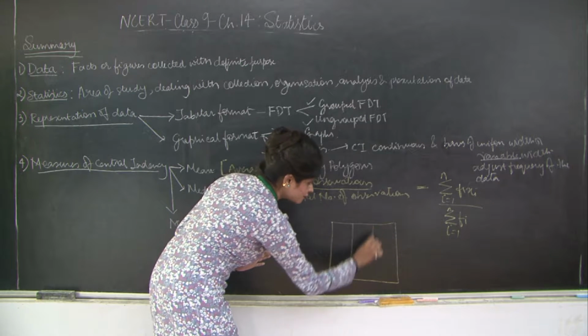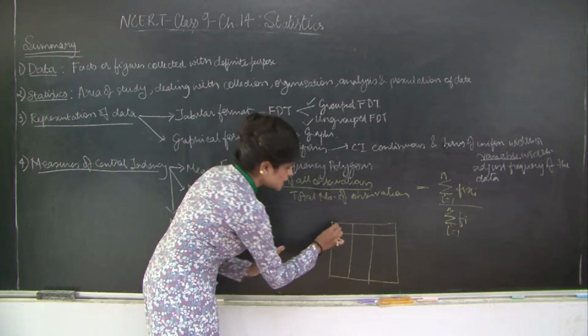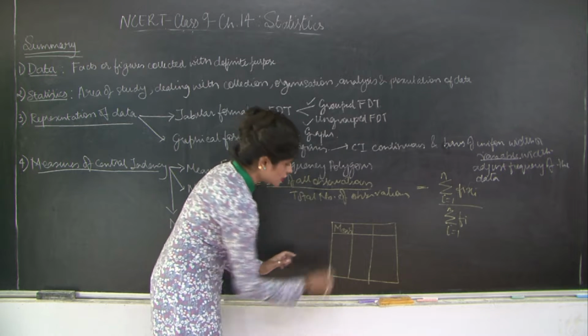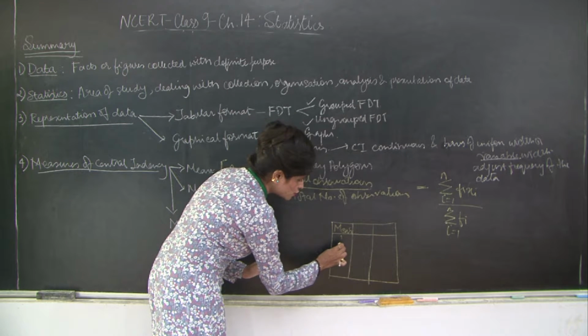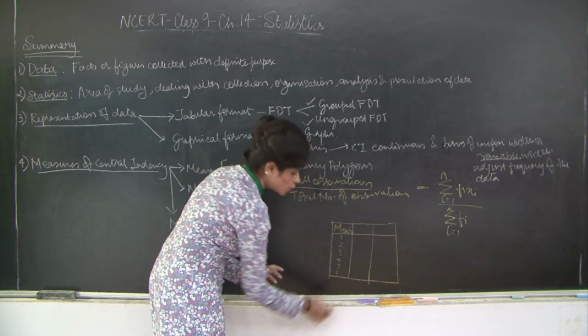If I have an ungrouped frequency distribution table wherein I have a category marks, and marks could be 1 to 10. So 1, 2, 3, 4, 5, 6 and so on up to 10.